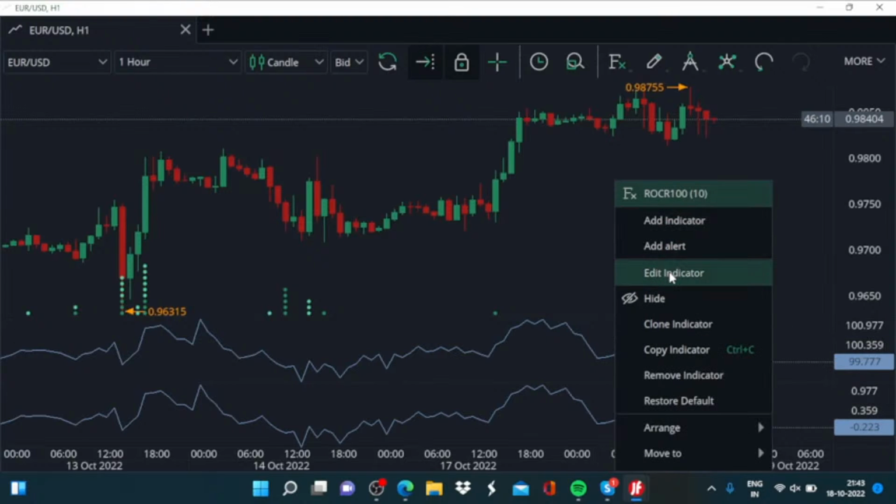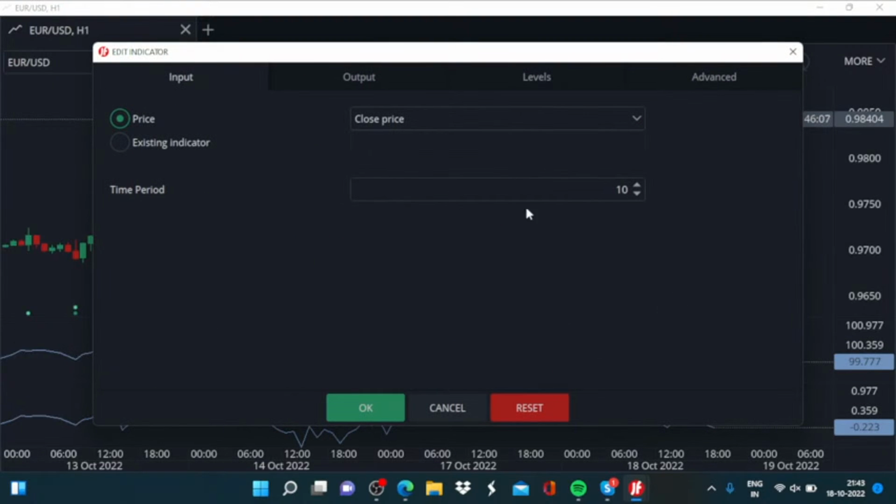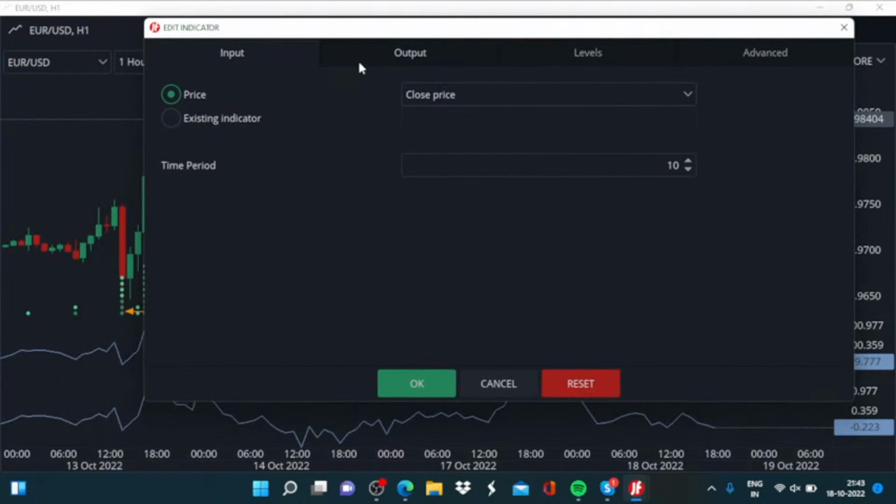Now we get to apply this existing indicator as the input parameter. We can opt for this existing indicator as the input parameter instead of the applied price.